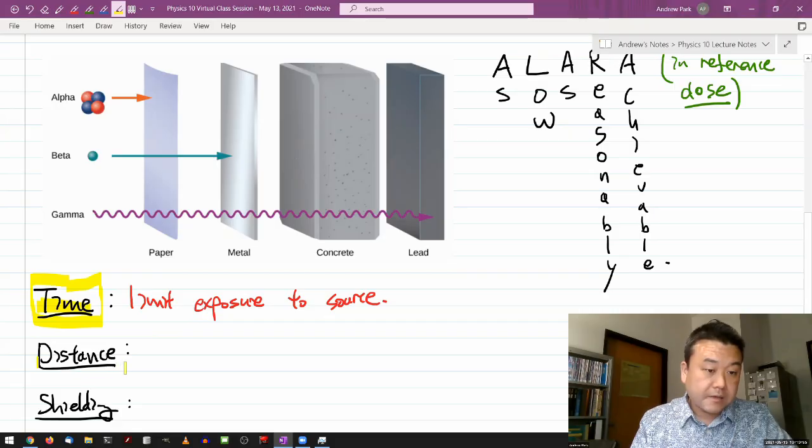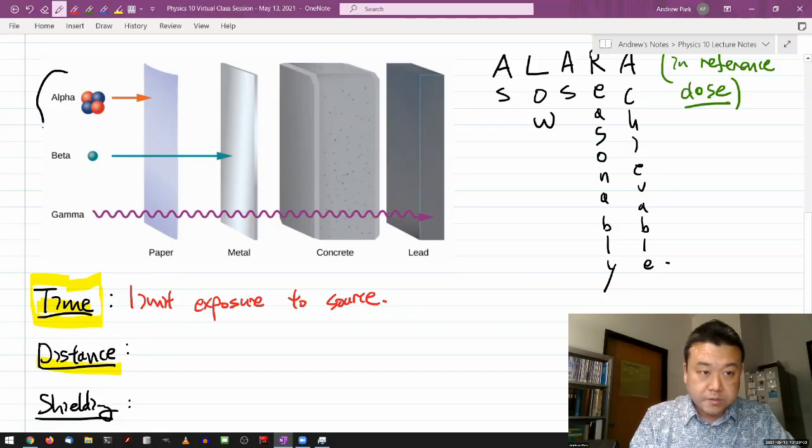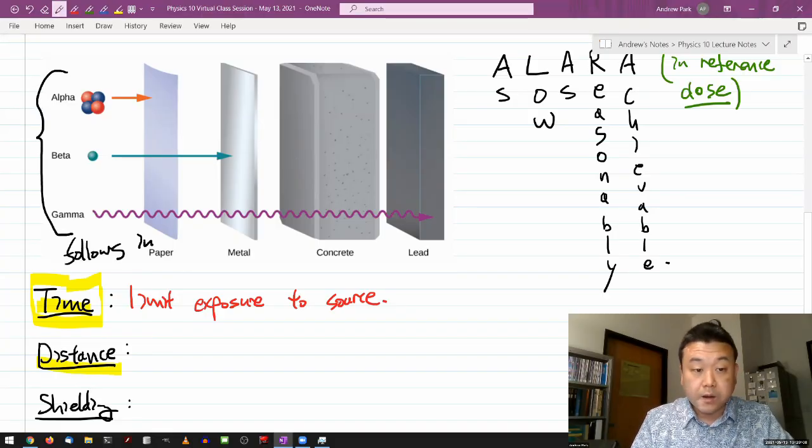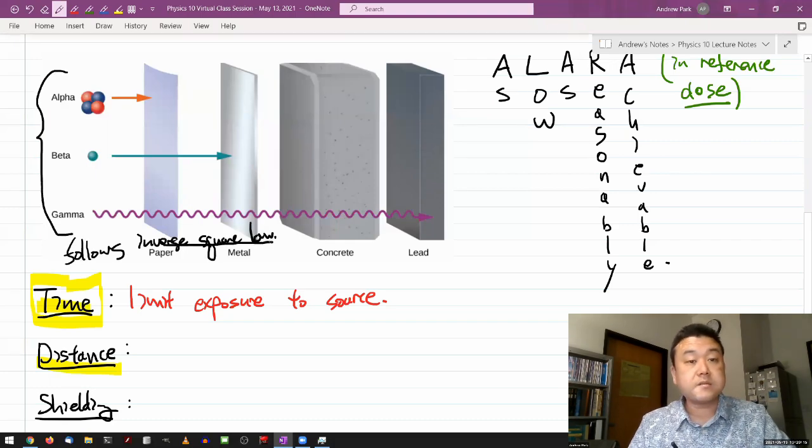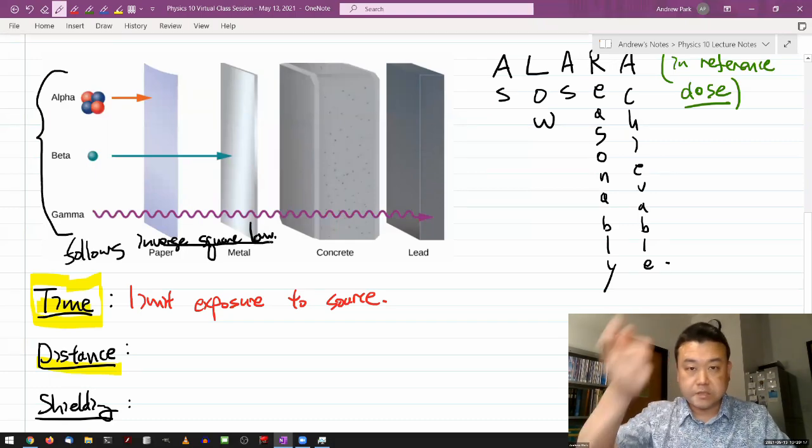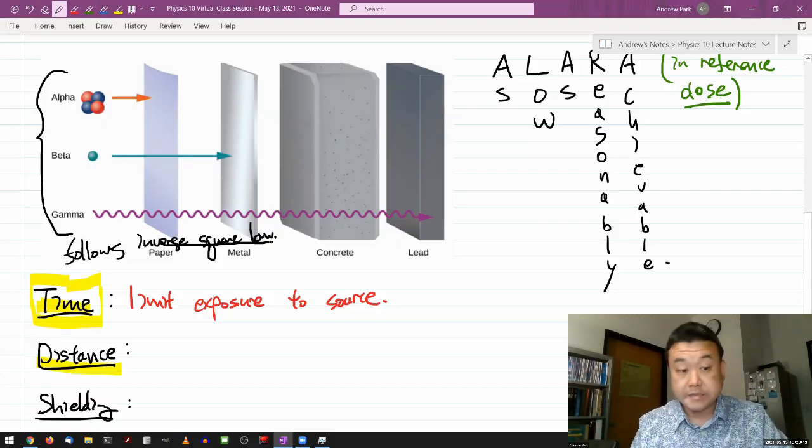And I keep talking about being near the source. It's because radiation decreases with distance. All these sources, at a minimum, follow the inverse square law, as in their intensity decreases as the inverse of the square of the distance.